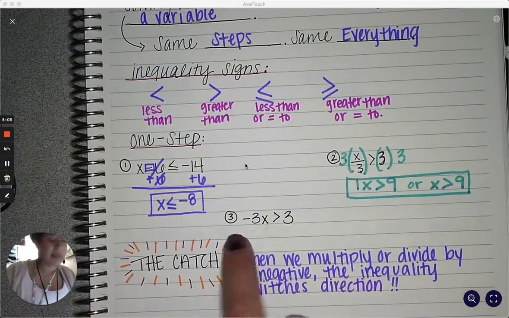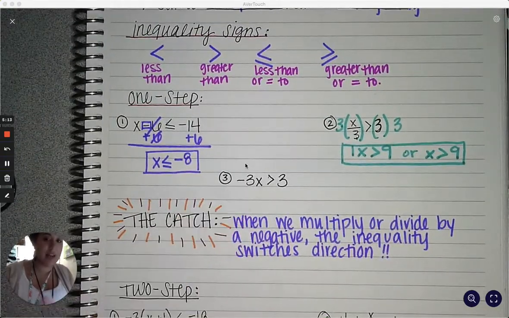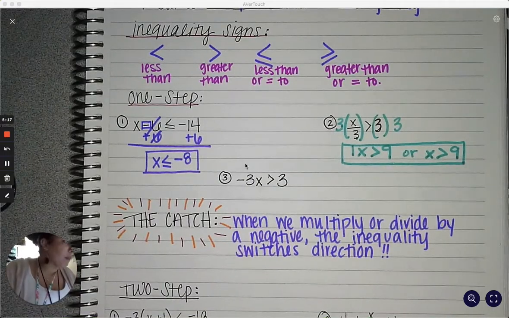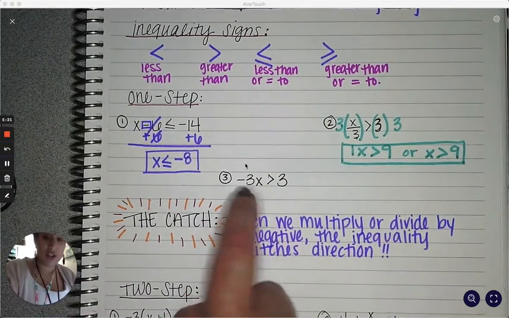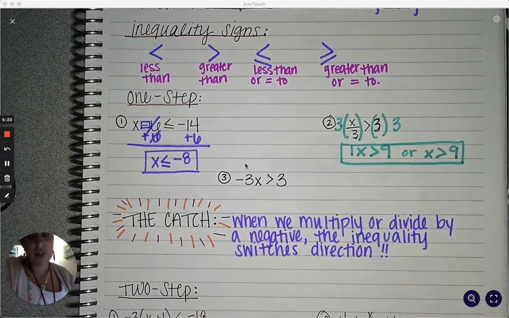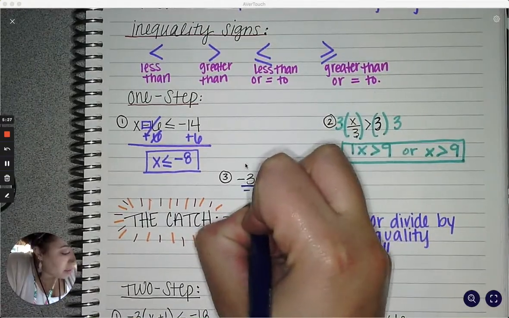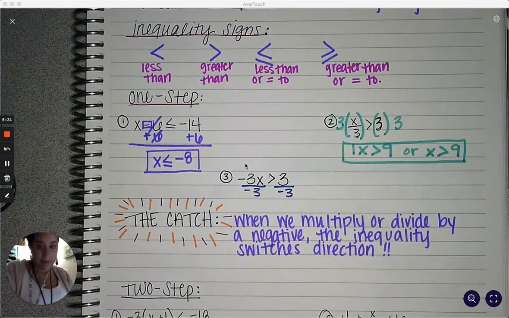Okay, so let me show you what I mean with this one right here. This negative 3x is greater than 3. So I do see that it's multiplication. We have a coefficient and a variable. So it's multiplying, so I have to divide. So if I divide by negative 3 here, I have to divide by negative 3 here, right?